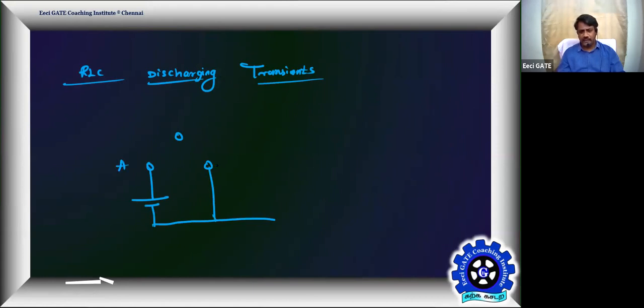That's position A, it's position B. A 20 volt battery, a resistor of 4 ohms, and an inductor.